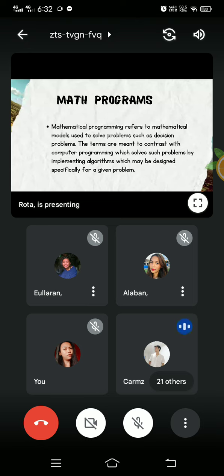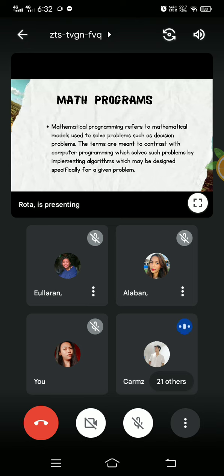So please correct this one. Math programs here, we are referring to programs, or in other words, we can say curriculum, but not computer programming. So in this slide, it should be the definition of mathematics programs.